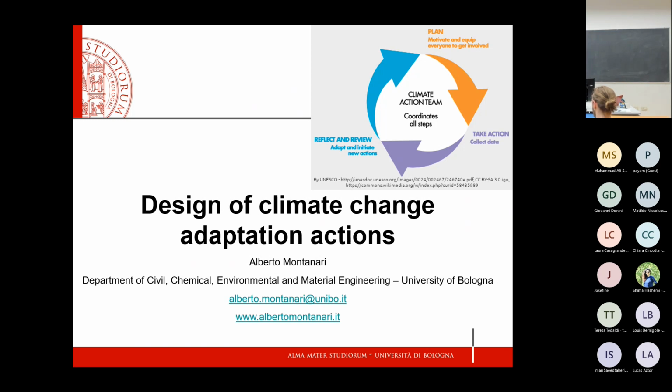When we adapt to climate change, should we give priority to the so-called structural solutions, or should we give priority to the so-called nature-based solutions or green measures? It is a topical issue, and you have probably heard some discussion about that. There are some pros and cons for both of them. So at the end of the story, you have to decide what is the highest priority.